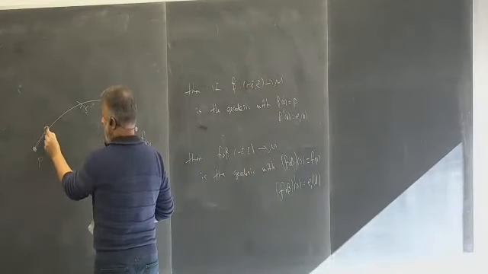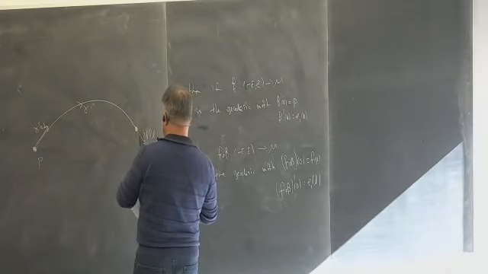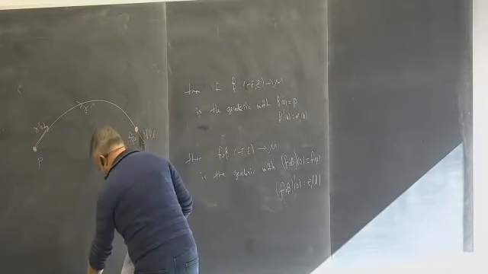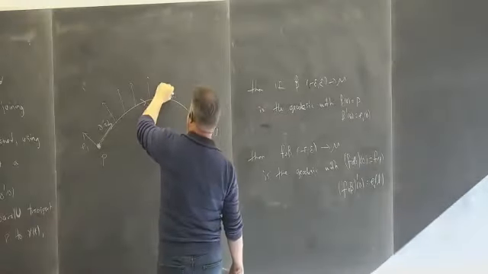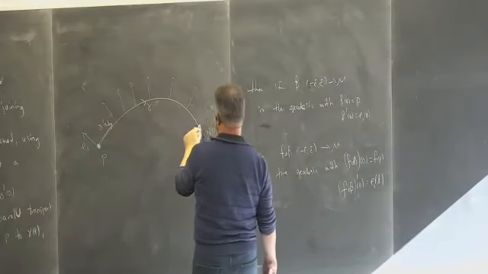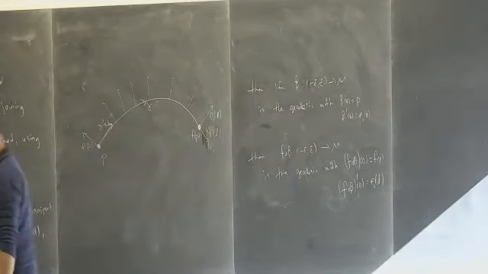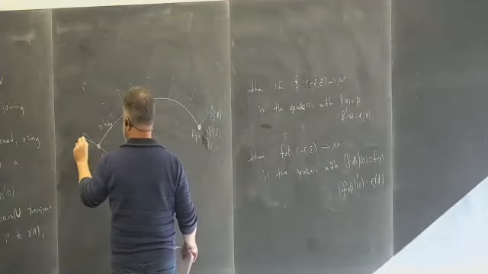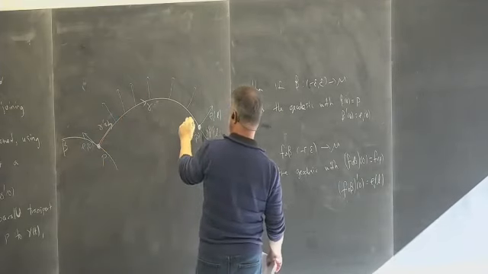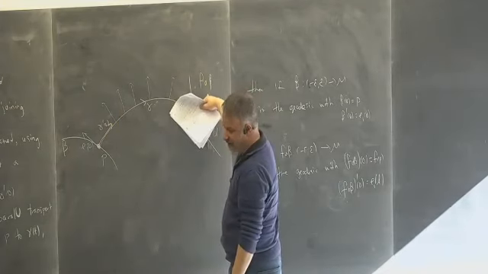So here's gamma prime at 0, gamma prime at L. This point is F of P. We were able to find some vector E1, which is orthogonal to gamma prime, so that when we parallel translate it, this is E1 at L, this is E1 at 0, and the geodesic beta passes through P with initial velocity E1, and the geodesic F compose beta, we know F compose beta is a geodesic because F is an isometry.